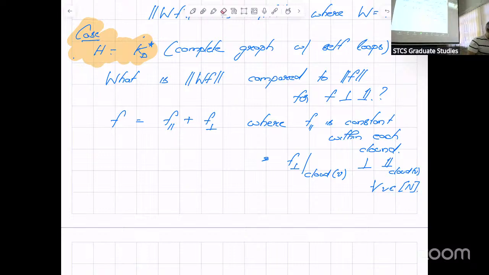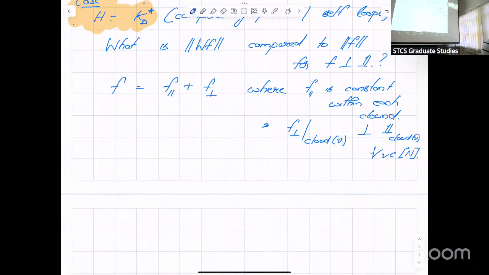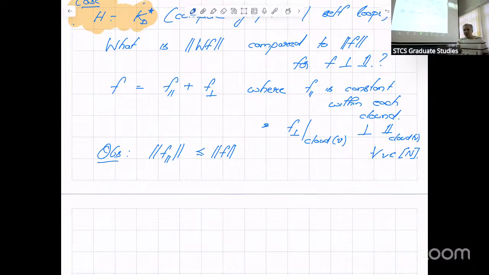What I claim should not be hard to see. The first observation is that the norm of F parallel is certainly less than or equal to the norm of F, because this is just an averaging operator. Its norm only reduces.